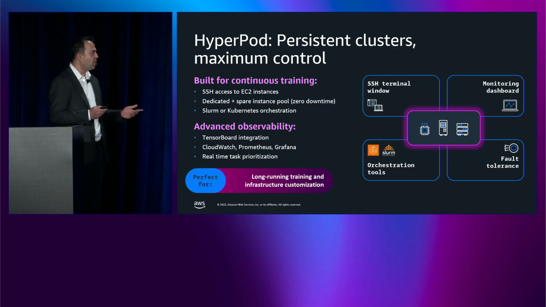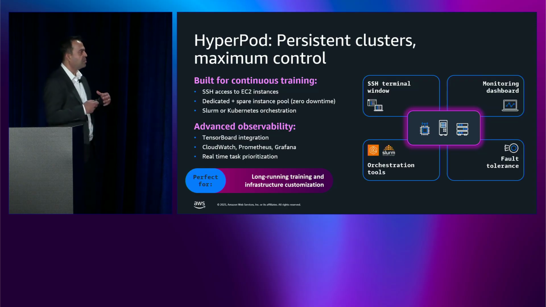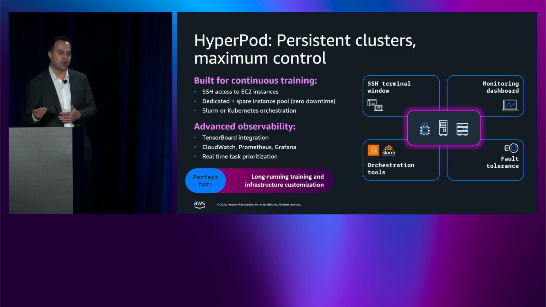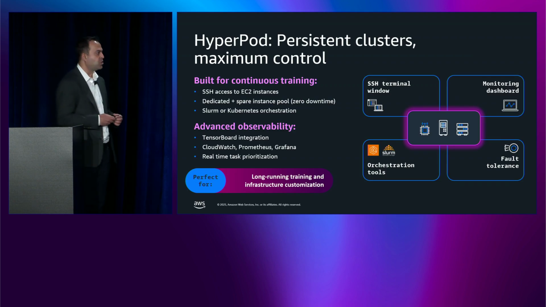Let's talk a little bit more about Hyperpod. In Hyperpod, you can spin up a cluster of AI accelerators quickly. You can orchestrate your workloads using either Kubernetes or Slurm. Many of our customers who have run HPC workloads before prefer to use Slurm as an interface, which is why we provide that choice.